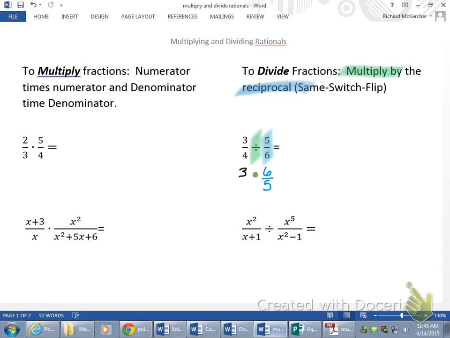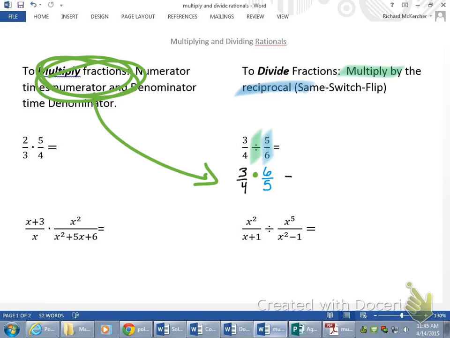Now the first one stays the same, and that's why I have same, switch, flip. Some people remember that. Same, switch the sign, flip the fraction. All right, and now guess what? Now it's a multiplication problem. So I can multiply straight across like I did, or some people recognize the 4 and the 6 can cross-cancel.